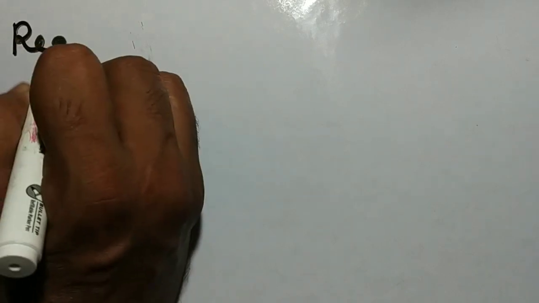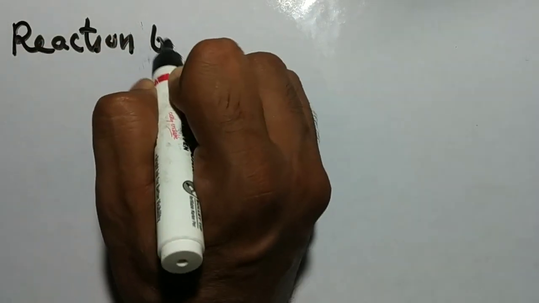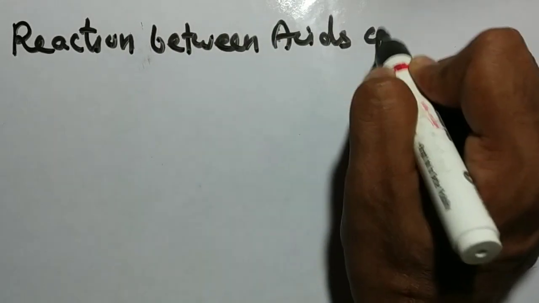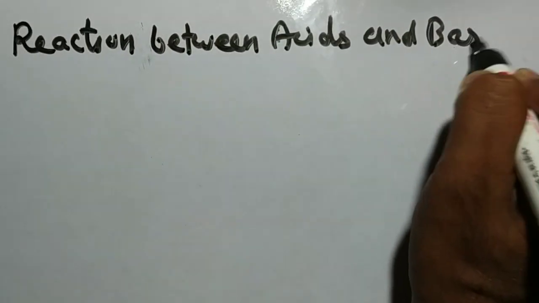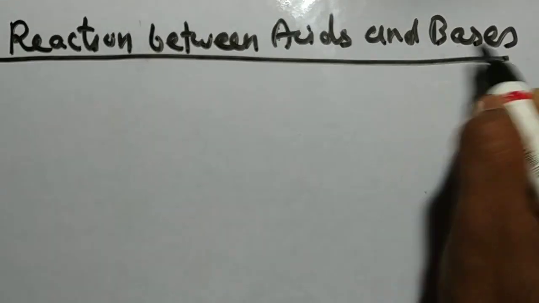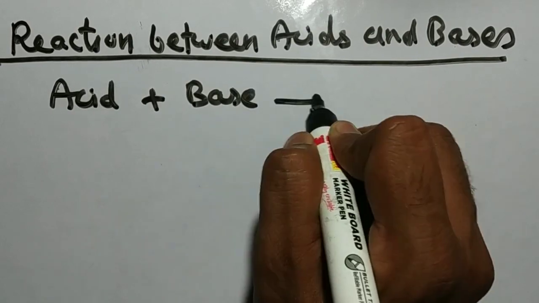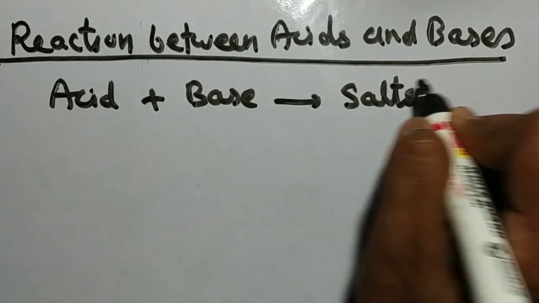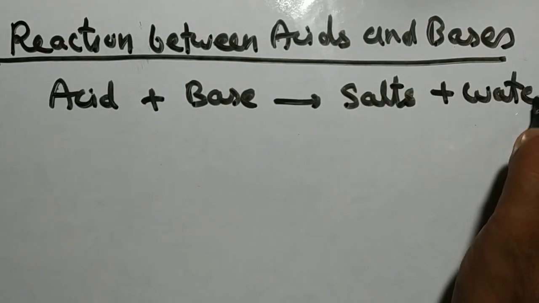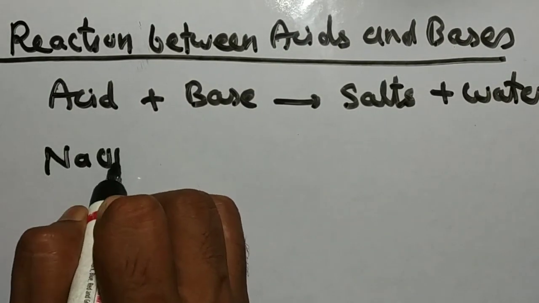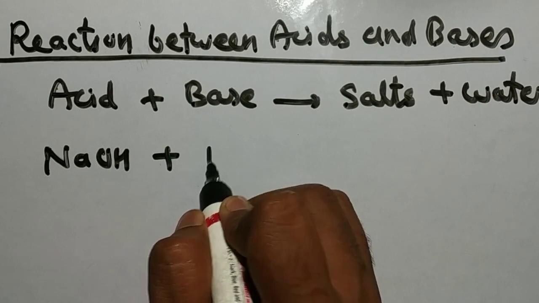So when both of them react with each other, it means reaction between acids and bases. So what will happen? So dear students, if the acid and base react with each other, they form salts and water. So for example, NaOH plus HCl.